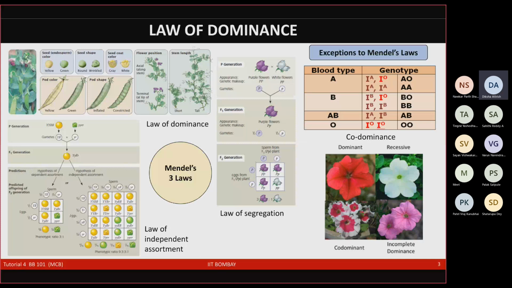Here the expression shows that both the traits are expressing themselves. The pattern is not important here. It could be spotted, or red inside and white outside. How is the pattern decided, then? Actually, it depends on other genes as well, on how the genes are interacting with each other. It's not just that these genes will decide the pattern only. Okay, fine. Thank you.